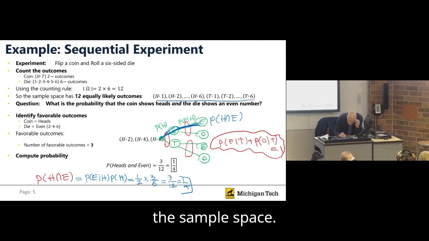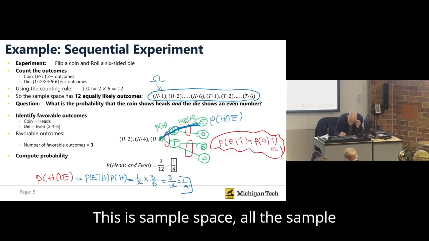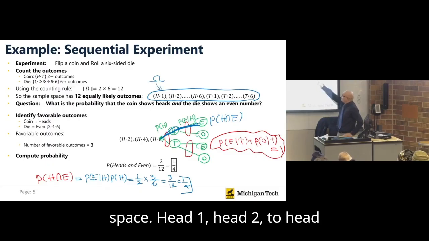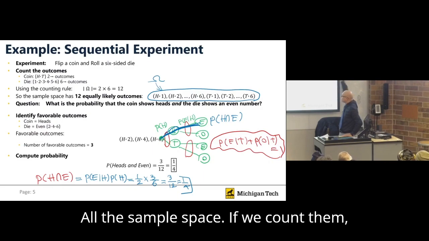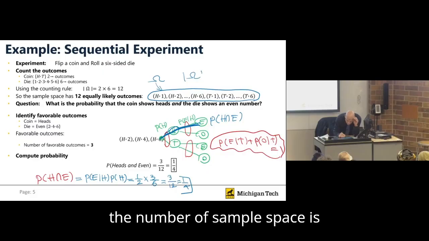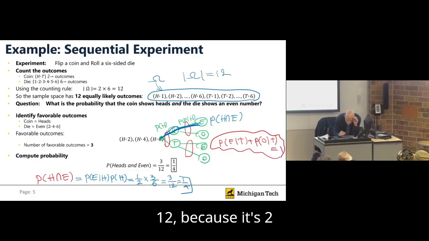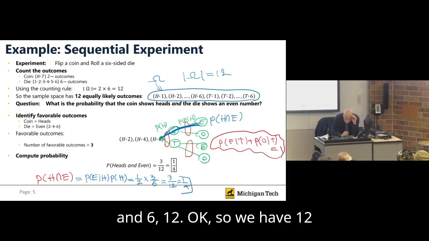This is all the sample space: head 1, head 2 to head 6, tail 1, tail 2 to tail 6. If we count them, the number of sample space is 12, because it's 2 times 6, 12. Okay, so we have 12 cases.